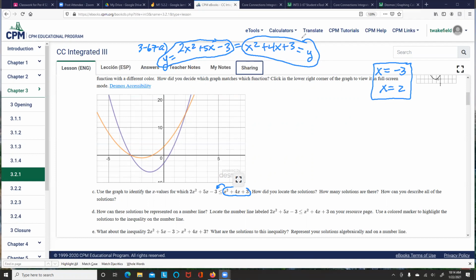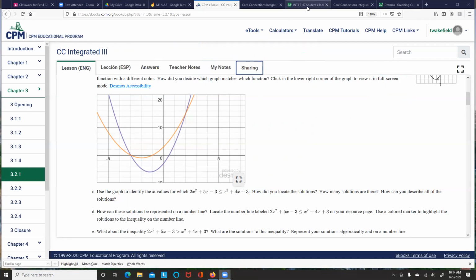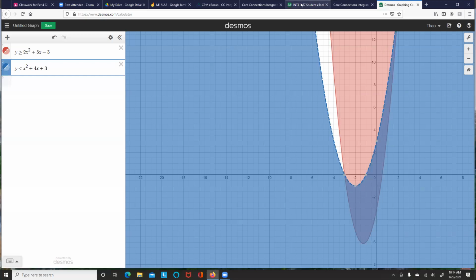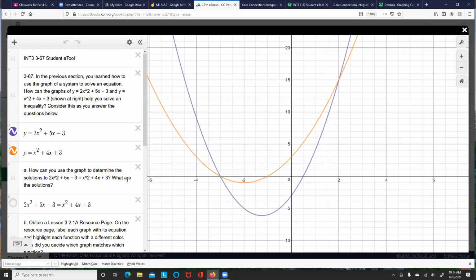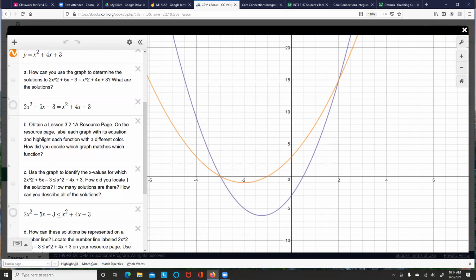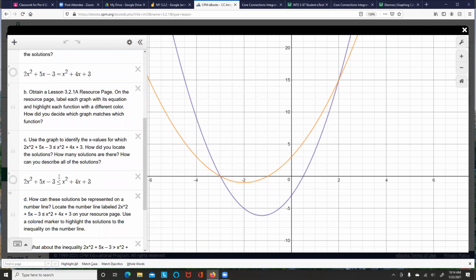Let me just clear all this drawing stuff. Okay, if I pull the Desmos part back up, oops, that is not what I wanted to do. Let me go to that. Okay, so on your Desmos screen, they typed it in for you, which is nice.